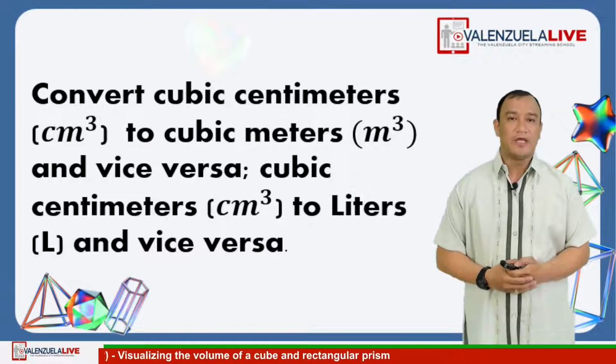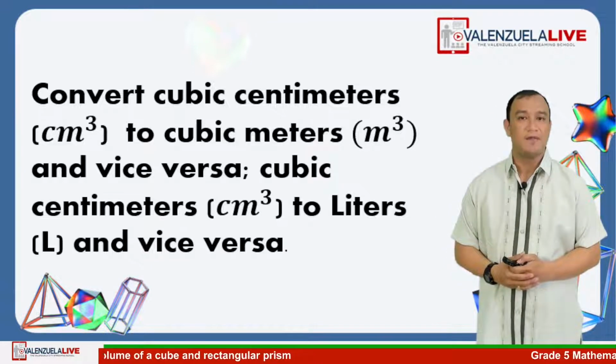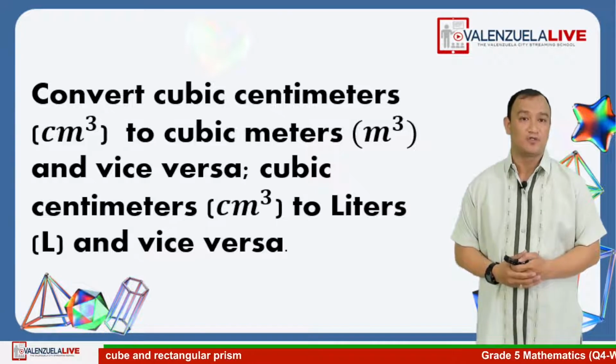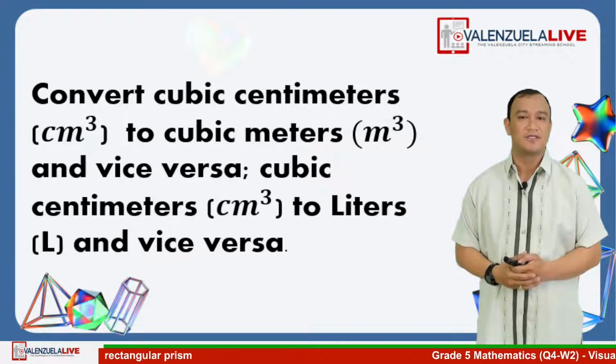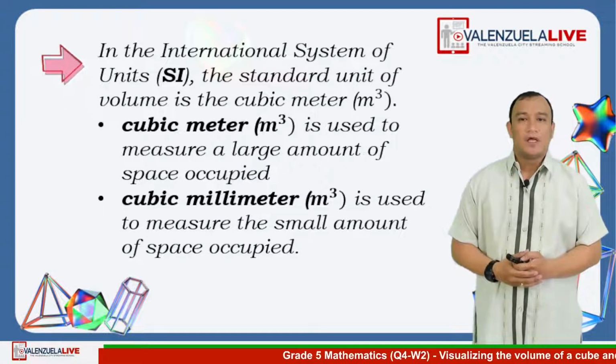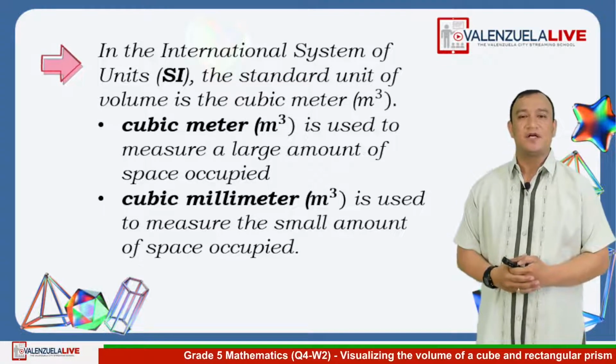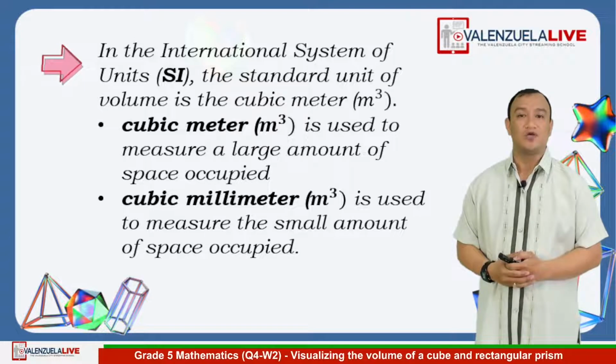Let's move on to converting cubic centimeters to cubic meters and vice versa, and also converting cubic centimeters to liters and vice versa. In the International System of Units, the standard unit of volume is the cubic meter.